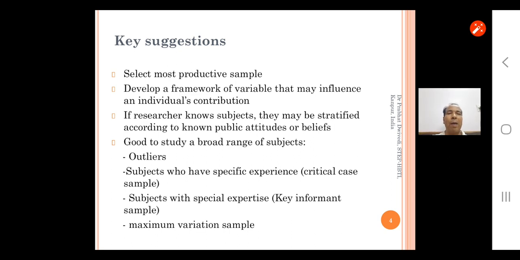And lastly, amongst the suggestions is maximum variation sample. As I told you already, we need not ignore those who have variations, those data points who have variations amongst all. We have to cover them.